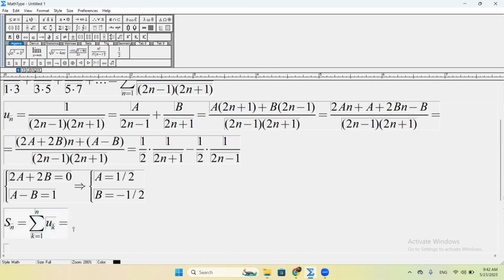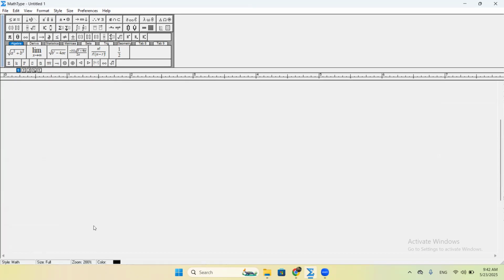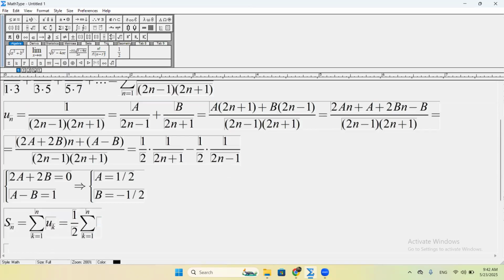So it will be equal to 1 over 2 times the sum. Let me write it in a more accurate form. And here n will be replaced by k.